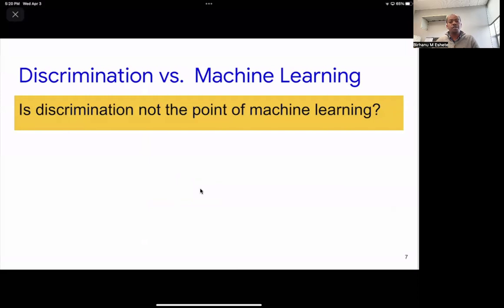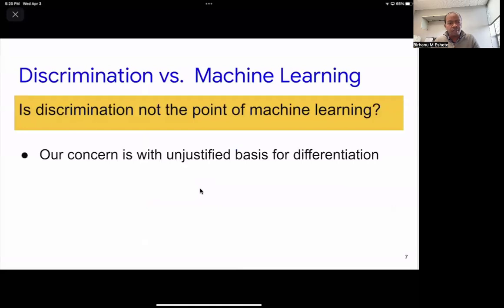On the surface, this seems a very reasonable question, but our concern is with what we call an unjustified basis for differentiation. Yes, we want a classifier to precisely discriminate between different classes. So if I train a classifier to discriminate between cats and dogs, yes, I want it to be a perfect classifier, and I don't want it to make errors. But that's not the point here. The point here is when the data points are humans and the decisions are going to affect people's lives, then that is what we call an unjustified basis for differentiation.